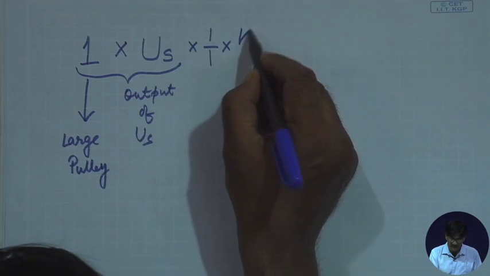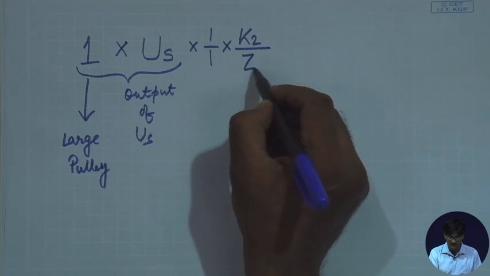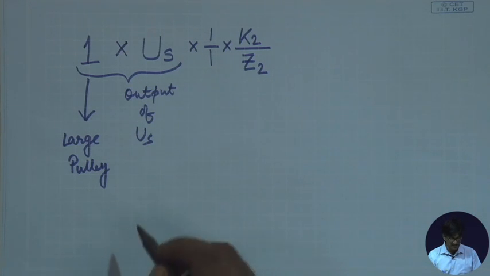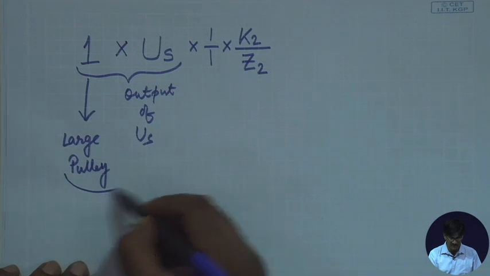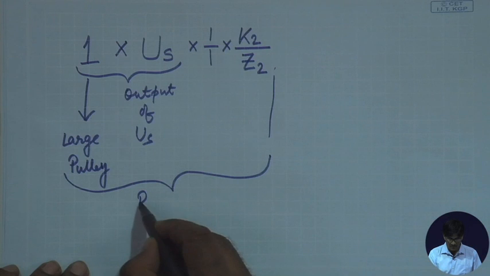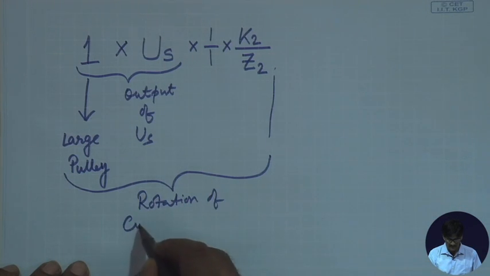K2 equal to 1, K2 by Z2, and therefore, we are now on the cutter shaft in the form of rotations. So, we can write rotation of cutter shaft.